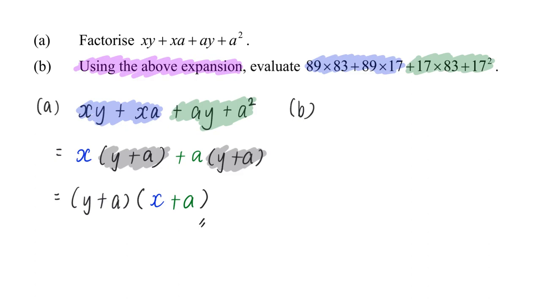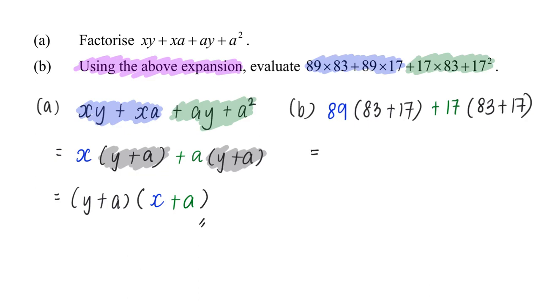I could rewrite 89 times 83 plus 89 times 17, right? As taking out the 89 out, and I'm left with 83 plus 17. I could take the 17 out as a common factor, and I'm left with 83 plus 17 as well.